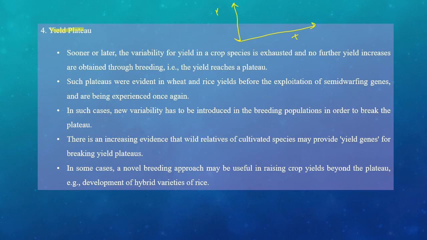Suppose this is variety A, and its yield increases, but with time, its popularity will reach a plateau. That means its yield will be stabilized. We call this a yield plateau.